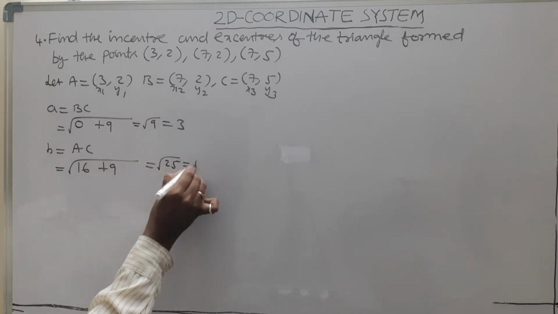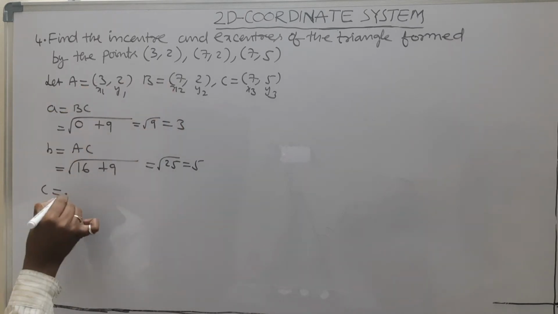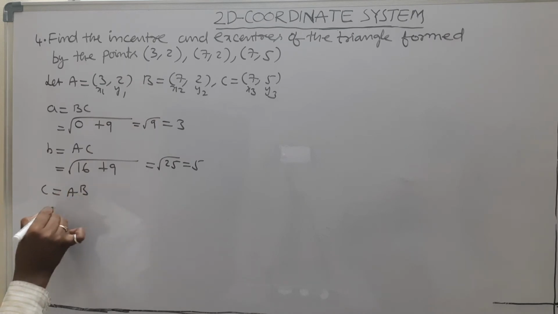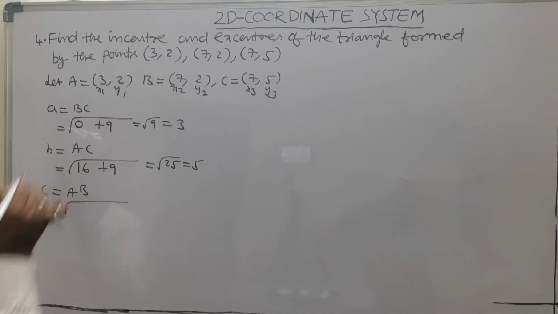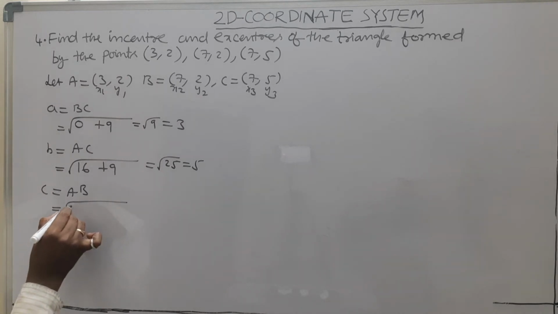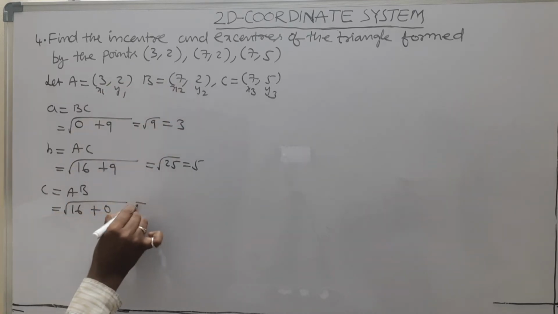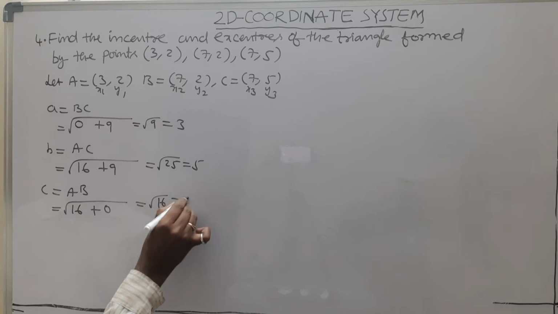Root 25, the value is equal to 5. Next, to find c, which is the distance between A and B. Square root of (3 minus 7) squared, minus 4 whole square 16, plus (2 minus 2) squared, 0. Root 16, the value is 4.